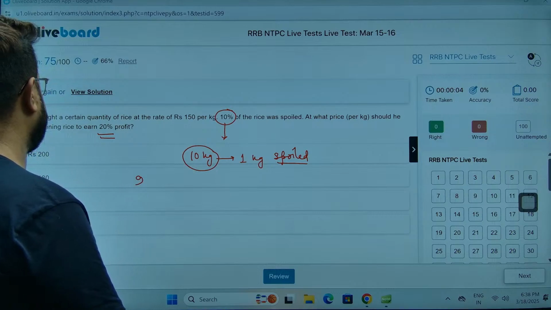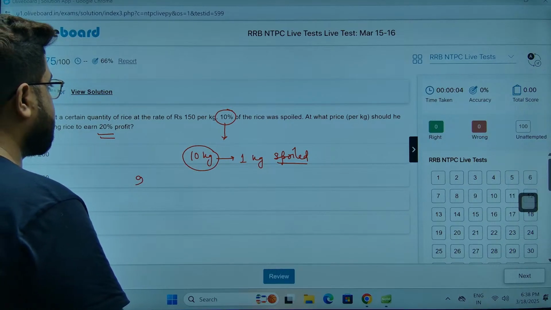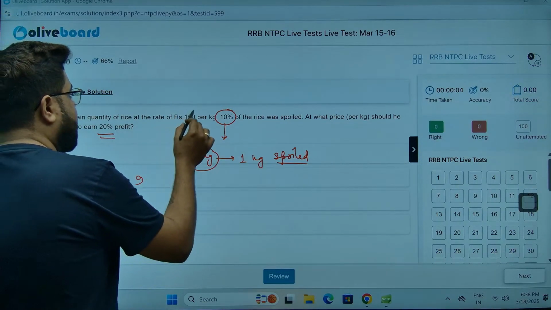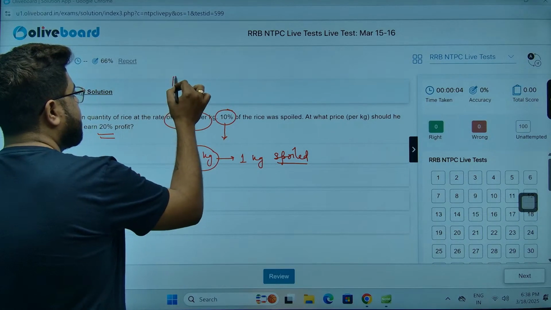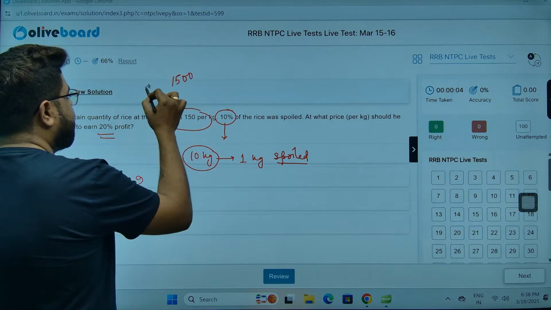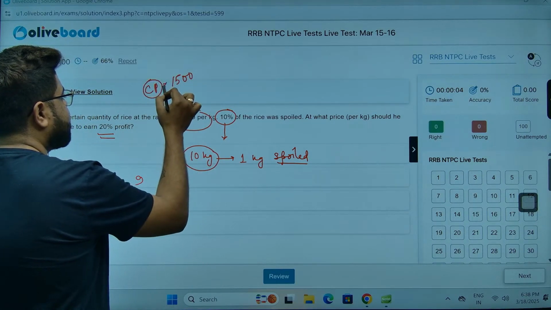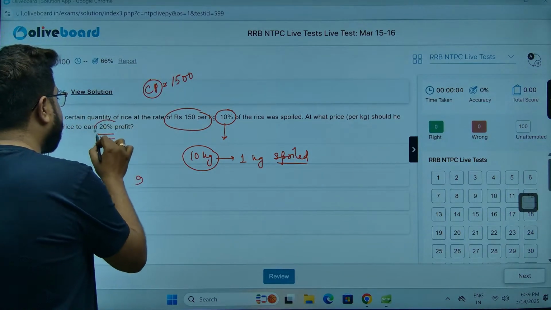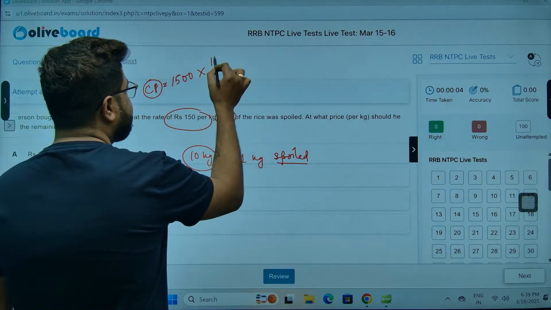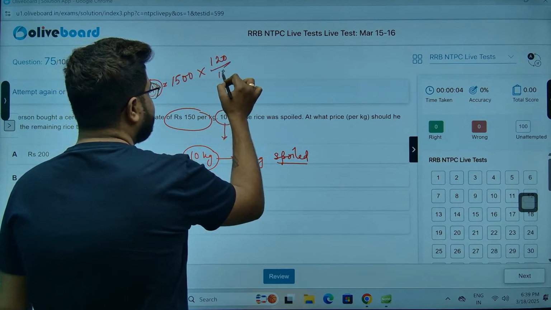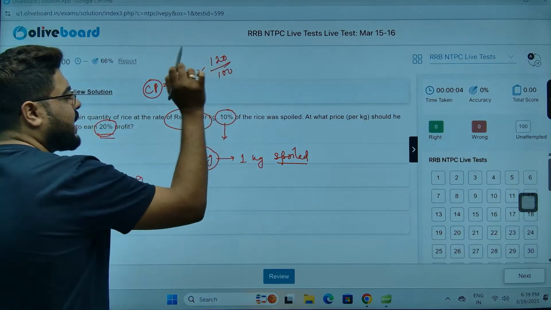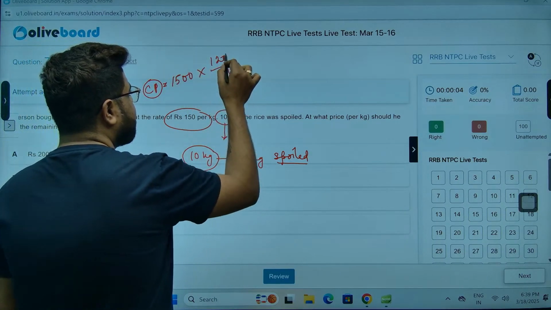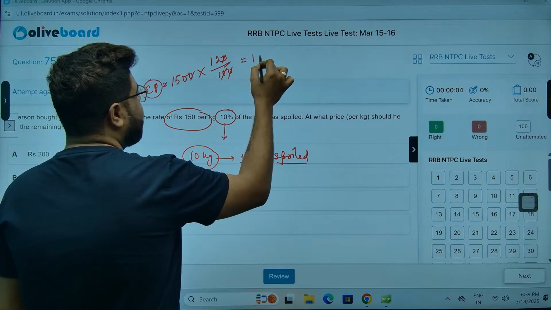Acha. 1 second. 150 rupees per kg means total CP for him was 1500 rupees, 150 into 10. Now he wants to make a profit of 20%. So he will sell it for 120 by 100. Now, you should directly write 6 by 5. But take it, 15 12s are 180.